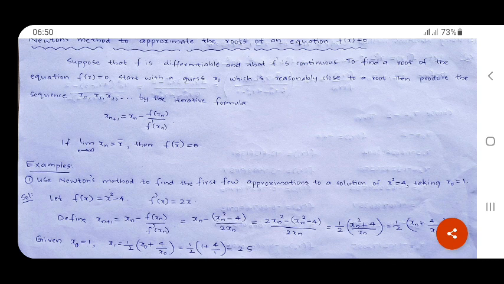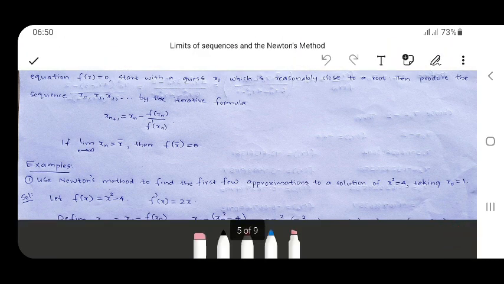Then if limit n tends to infinity xn is equal to x bar, then f of x bar is equal to 0. Rather, f of x bar is approximately equal to 0. This will be the better statement, because sometimes we cannot exactly find out what x bar is.